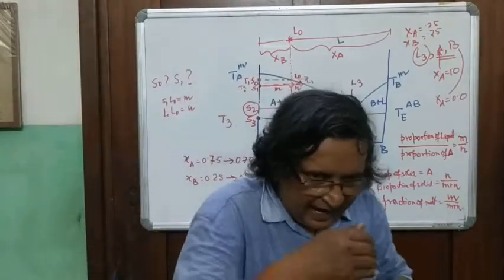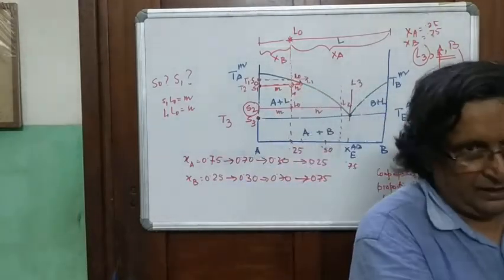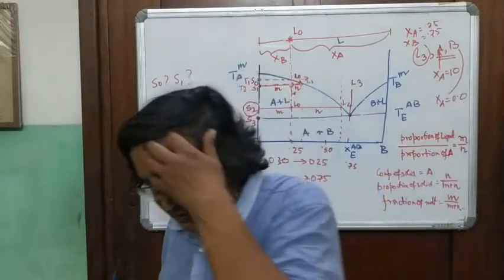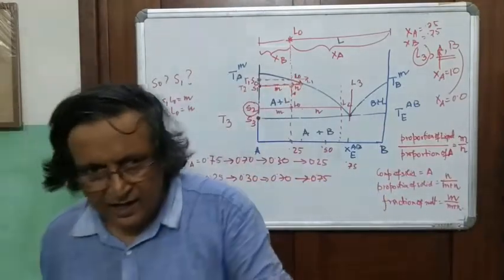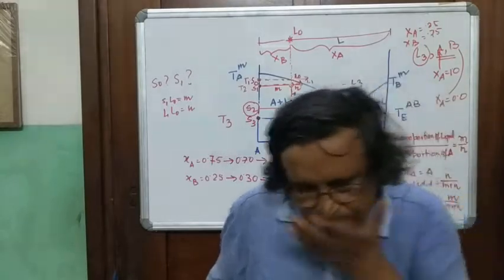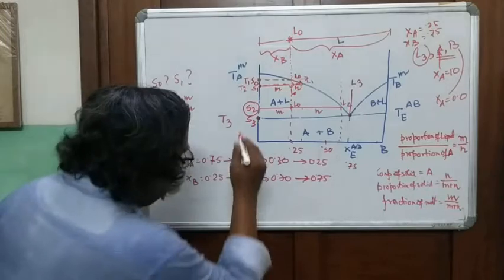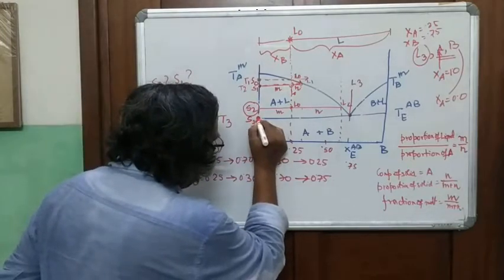More A and B will precipitate from the melt. So what will happen? Look at the solid S3.